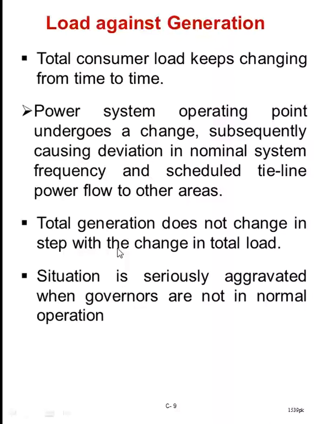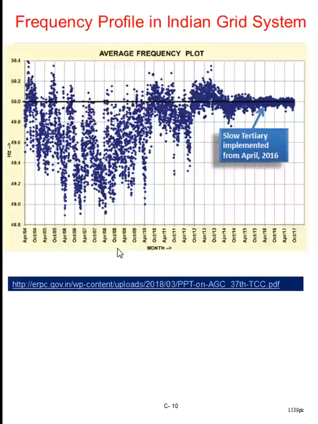Now, if you refer to this slide, here I have it, how the frequency has changed over the years in the Indian grid system, right? You can see I have this slide from this report, and this is the 50 hertz scale.